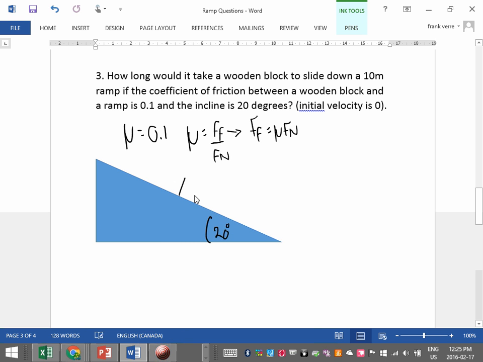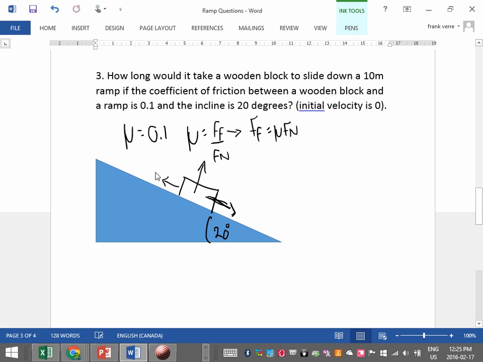So we have a wooden block on the ramp. So here's a wooden block. We know it has a normal force. We know there's the force down the ramp. There's nothing pushing up the ramp. But there is something that is actually not pushing it, but is actually resisting the object as it slides down.